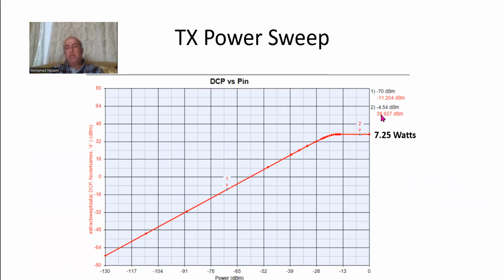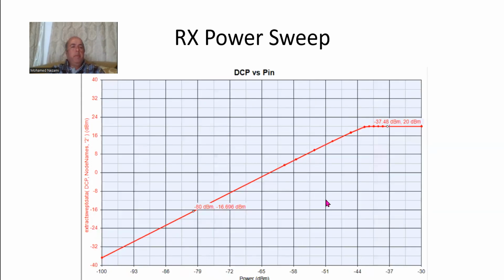That's because the device is 10 watts, but I did not drive it to fully 10 watts, and there were a little bit of losses in the front end, as you can imagine, from the diplexer. So the device starts compressing close to like 27, 28 dBm.